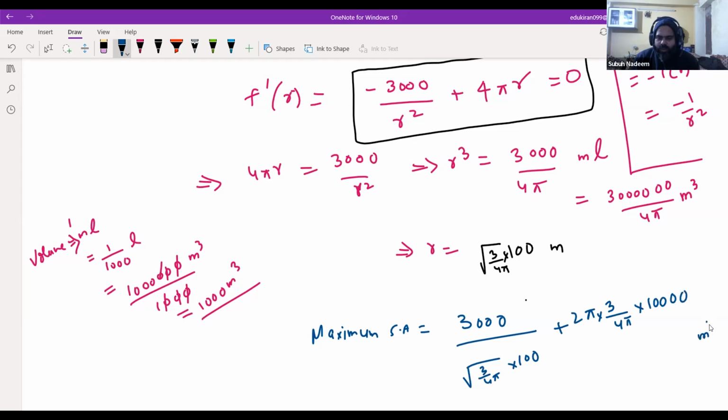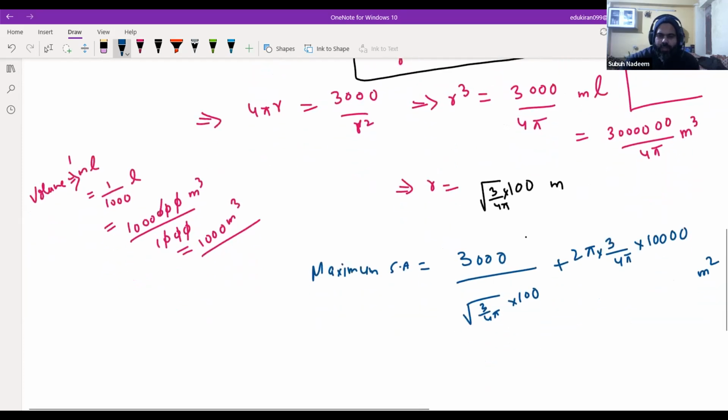So this is meter square, the area. The 0 cancels, and 2 pi cancels here also. So this will be 30. This value can be calculated further, but we need not calculate it that much.